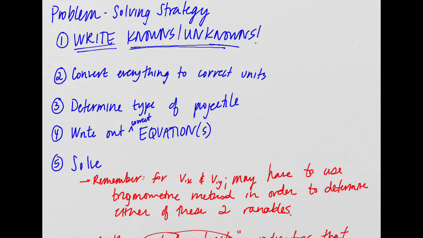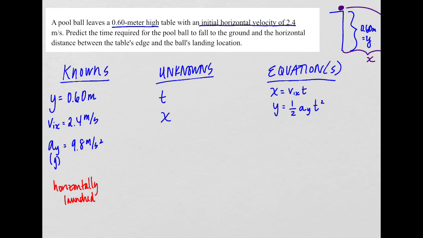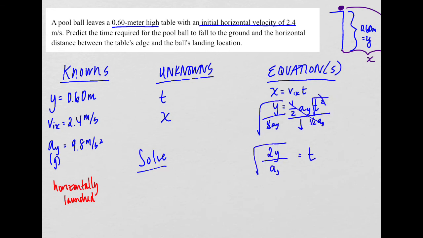All right, so now we have determined the type of projectile. We've written out our correct equations, so now we can go ahead and solve. First we're going to rearrange this equation to solve for t. And when I do that, I get the square root of 2y divided by ay equals t. And so I can plug everything in here. T equals the square root of 2 times y, which is 2 times 0.60 meters, divided by ay, which is g, 9.8 meters per second squared.